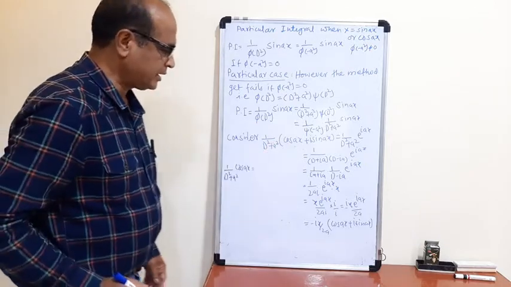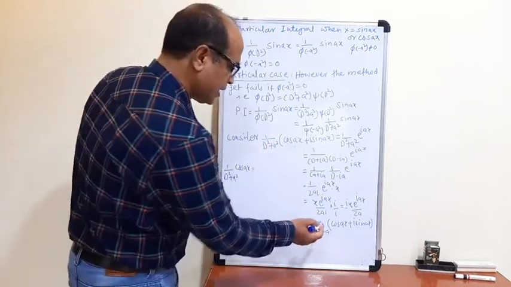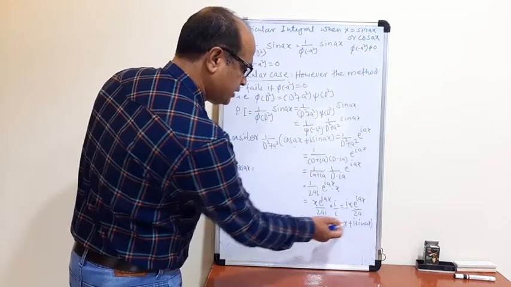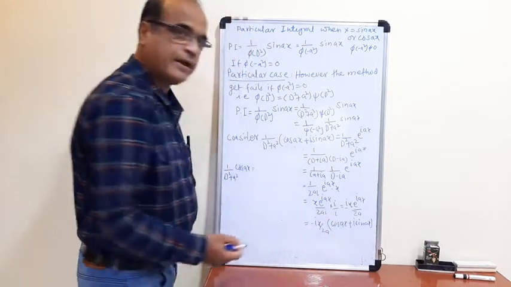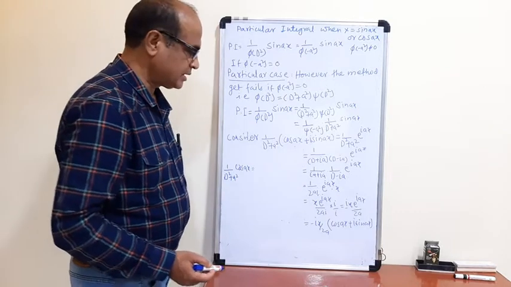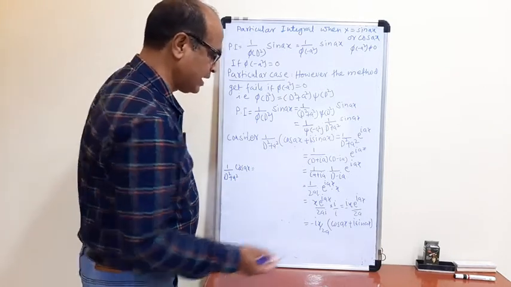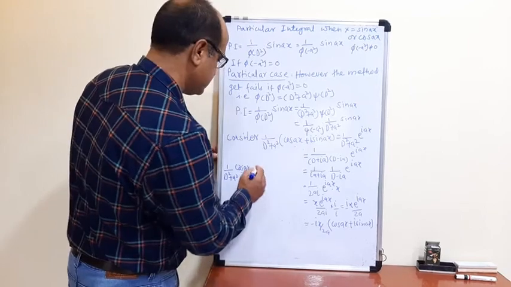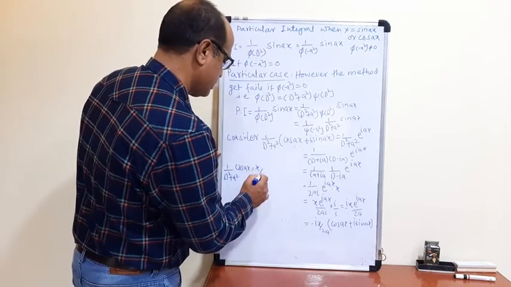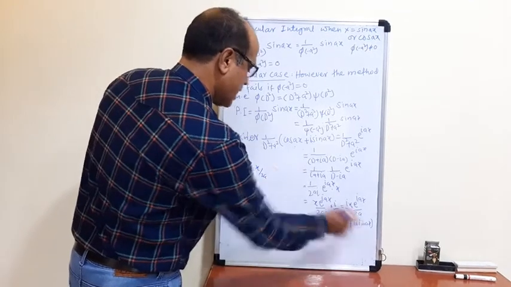And what is the real part in the right hand side? So this is i into i, minus i square, and minus minus plus. So that is x upon 2a sin x.